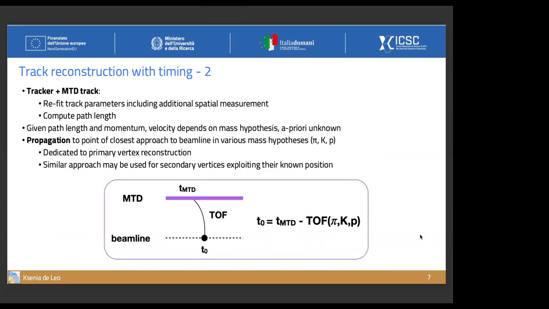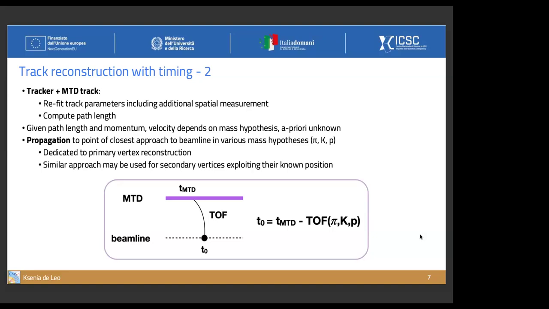So once we have our tracks made of tracker tracks and MTD, we are going to refit the track parameters, including this additional space measurement at the MTD surface. Afterwards, we can compute the path length. For each track, we are going to have the path length and, of course, the momentum, but the velocity depends on the mass hypothesis, which a priori is unknown.